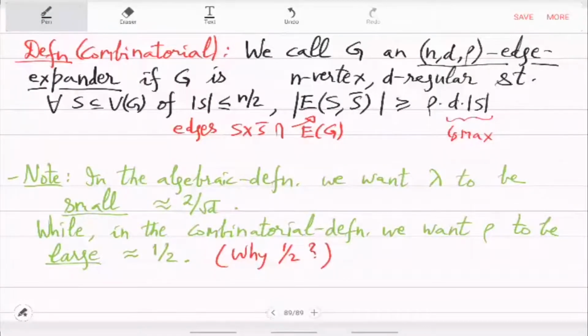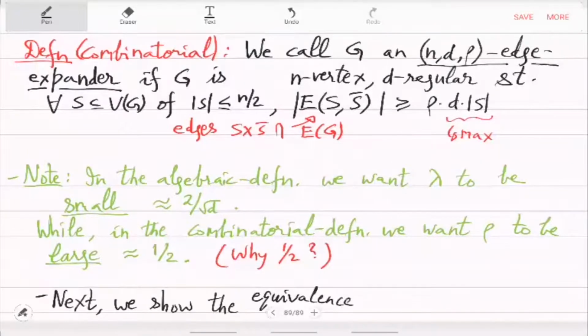And now what we will do is, next we show their equivalence. So why are these two very different definitions of expansion equivalent, right?